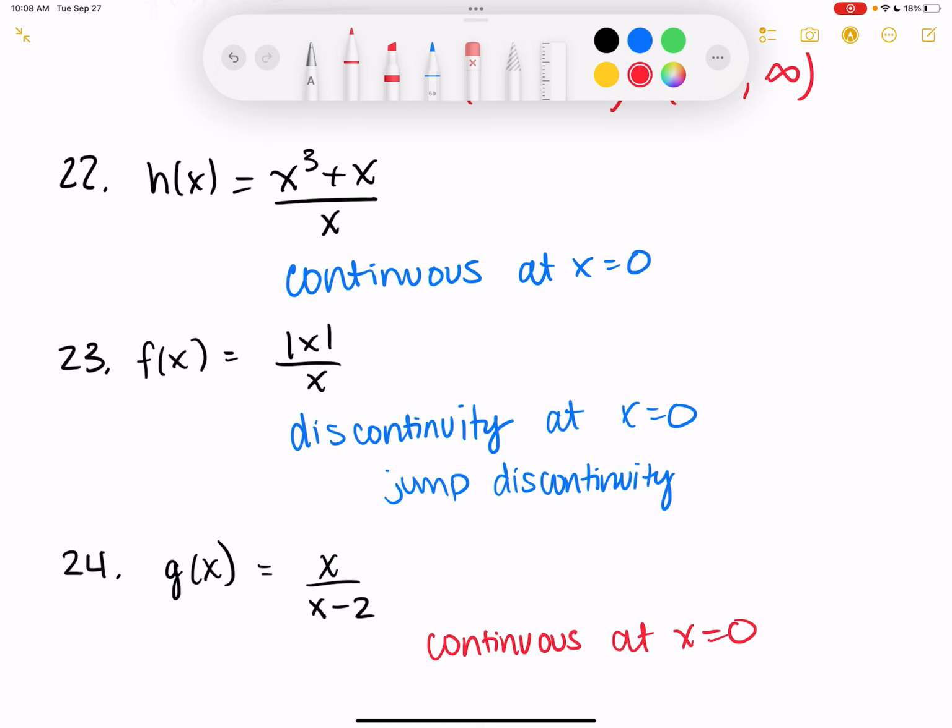I did everything right. My calculator's frozen, so I can't really help you. What did you put in? Can I see your y equals? It's because you didn't put parentheses. No, I did put parentheses. Now it worked. It should look like x divided by x minus 2.